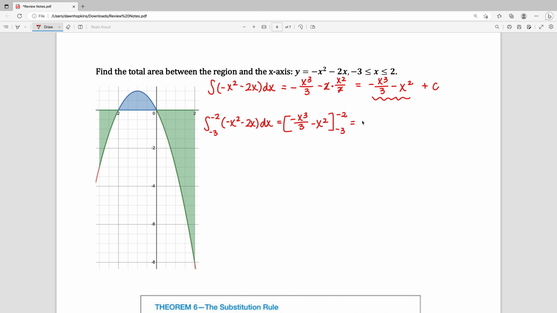So starting with the -2, -2 cubed is -8, and the negative gives me a positive 8/3, minus -2 squared is 4.